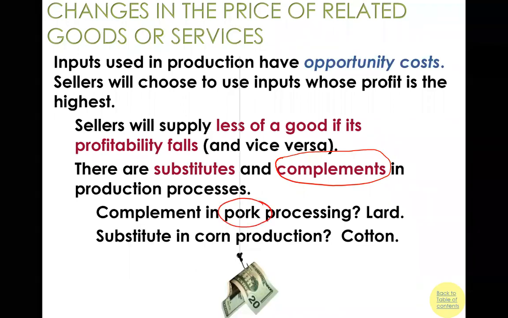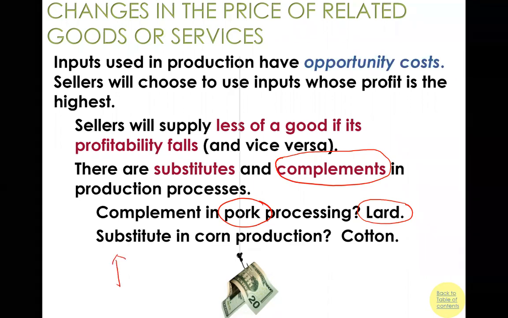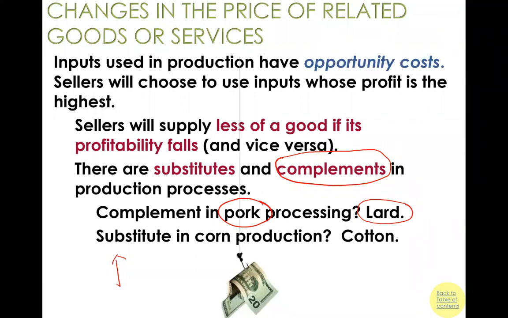When the farmer slaughters their pigs and produces pork, automatically they are going to generate lard in the process. Now, if the price of pork increases, just think about Asia, where there's African swine flu. There's a shortage of pork, and the price of pork increases. How would that affect the supply of lard?